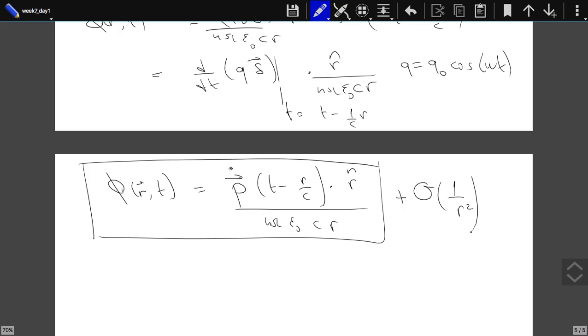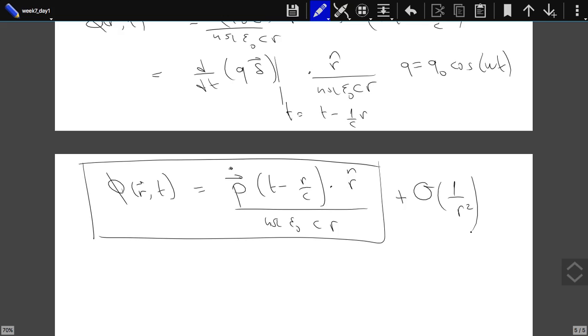Well, you see, this is nothing but the retarded time, assuming the dipole is just a point object located at the origin. My observation point is at a distance r, so the retarded time is just t minus r over c. The important thing is that phi is proportional to 1 over r. When I'm calculating the electric field, I need to take the gradient of this phi.